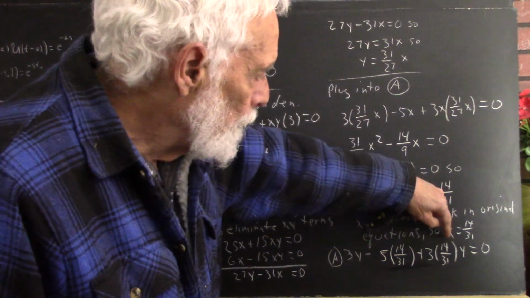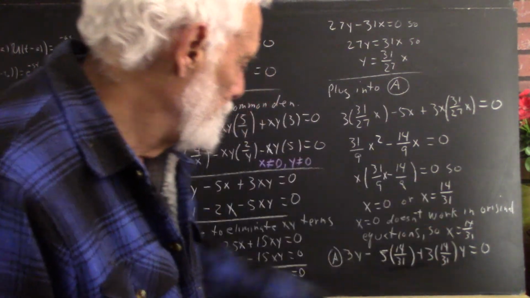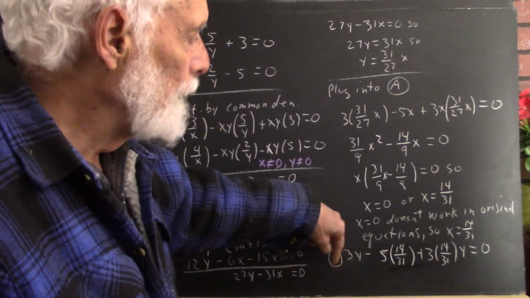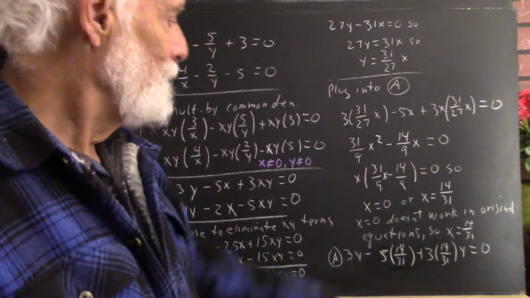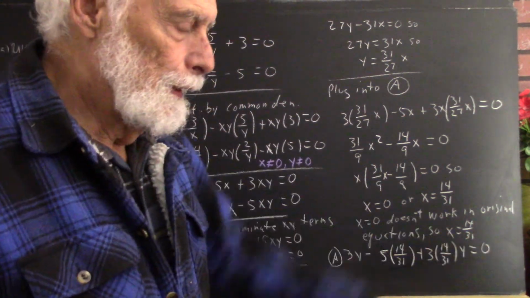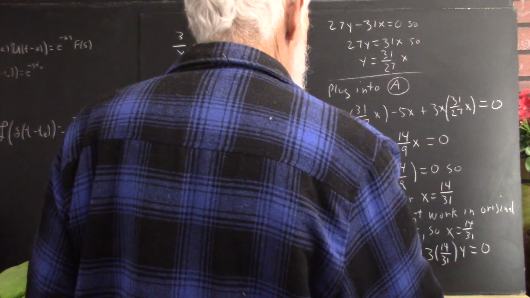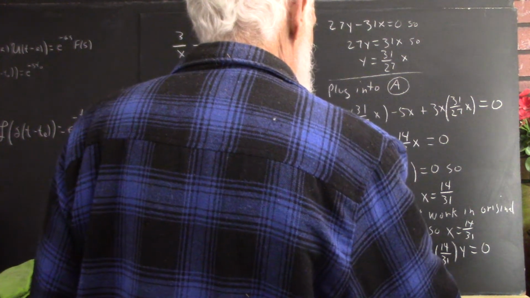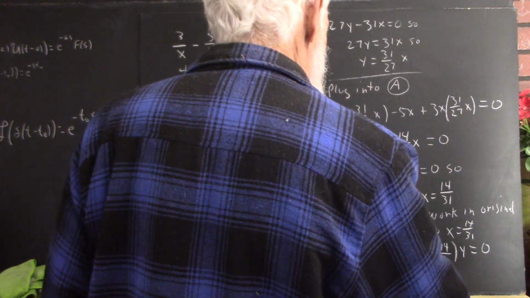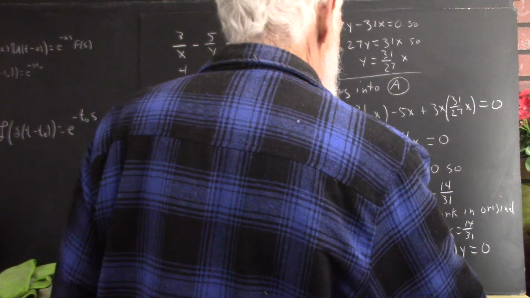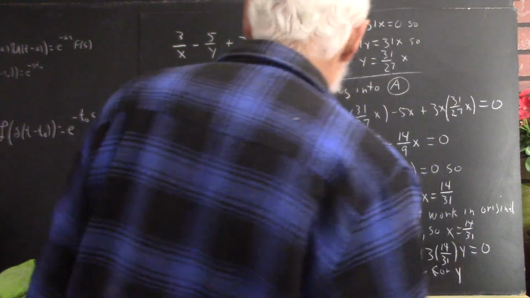Well, this is 42 over 31y. This is 3y. You can add those, put this over on the right hand side, and solve for y. I'm out of room, so I'm going to say etc. Solve for y.